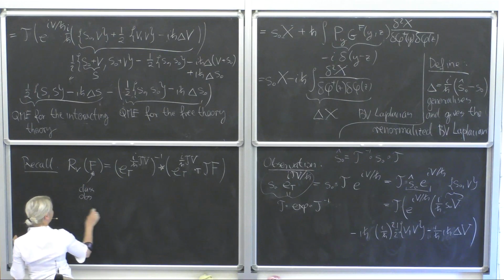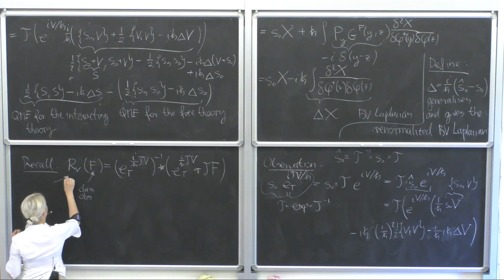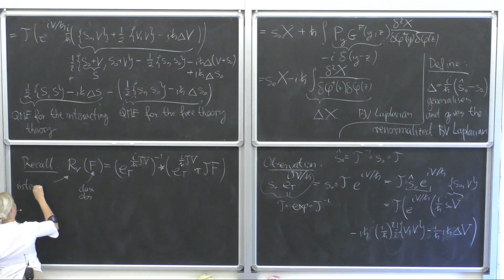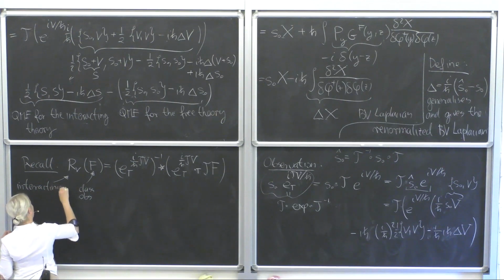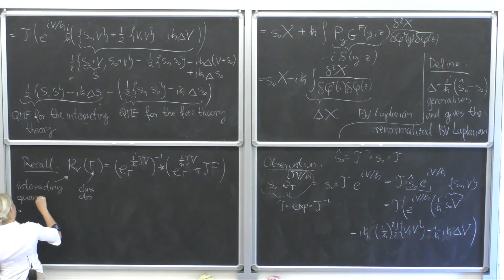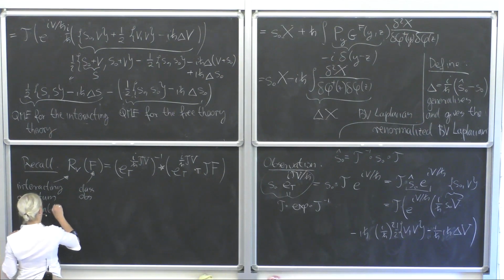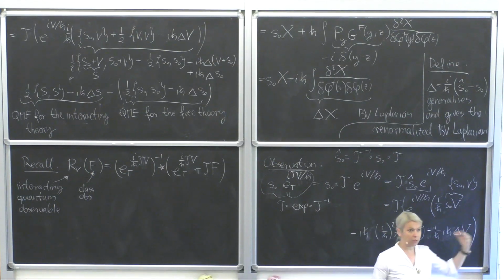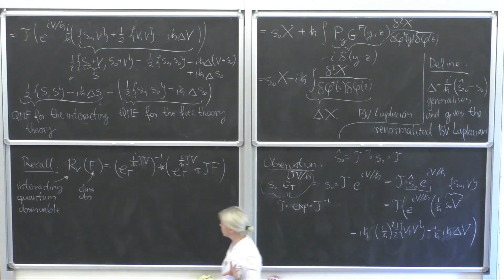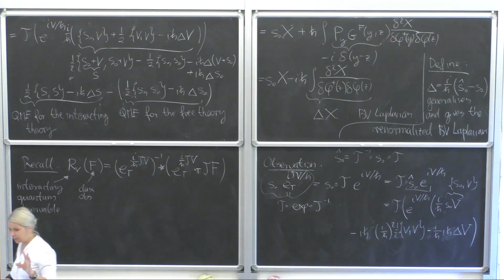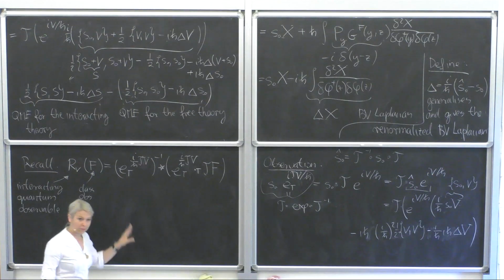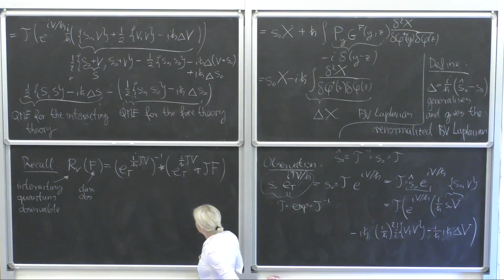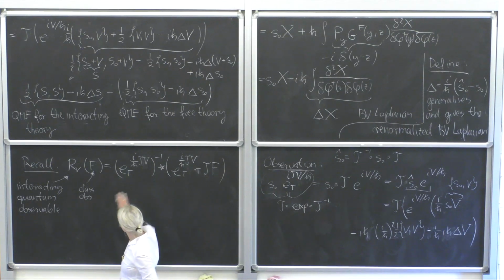So this whole thing is an interacting quantum observable. Okay. Some intuition behind it. If you have done a QFT course, there is something like the Dyson series formula for interacting observables, maybe, right? It's something like this.